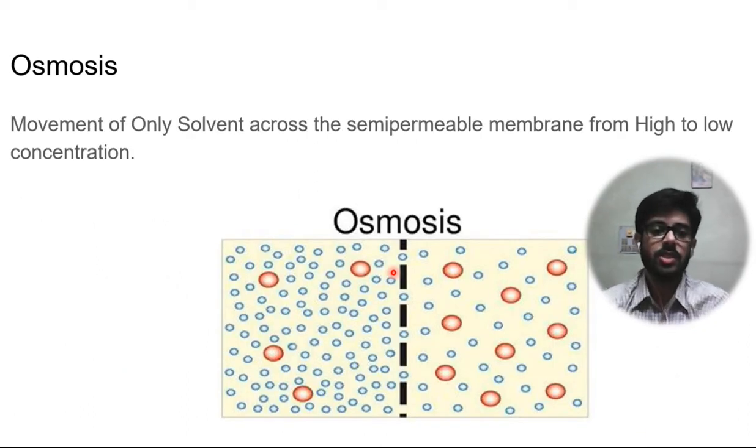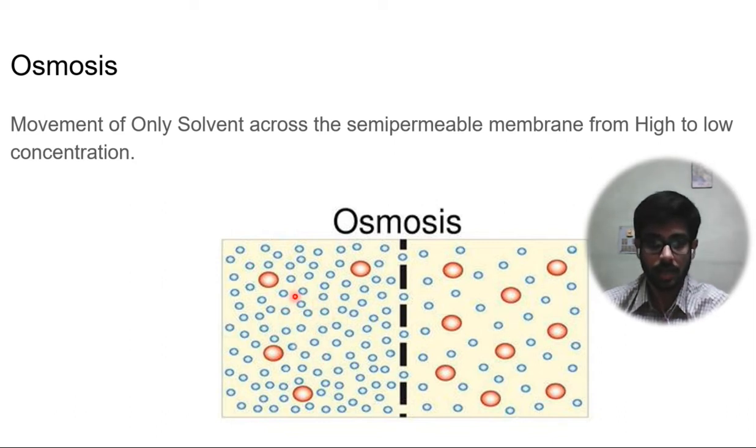So what is osmosis? Osmosis is the movement of only solvent across the semi-permeable membrane from high to low concentration. This picture represents the solution, where the black dotted line represents the semi-permeable membrane, and the blue circles represent the solvent molecules, which pass through the semi-permeable membrane due to their smaller size, from high concentration to low concentration.